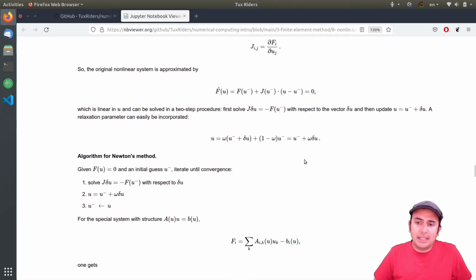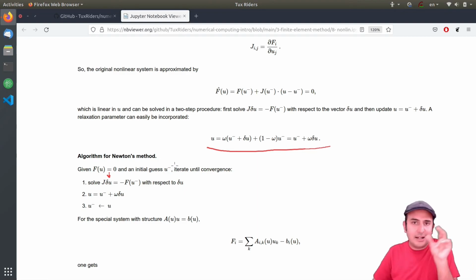So here you need to solve this equation. You solve this J for the delta U. You want to have the value of the differences that you want to have in U computed. So you need to define your weak formulation in a way that it is written for delta U, and then you solve it based on the previous values, and then you update the new value of U based on the differences, based on the delta U, based on the changes.